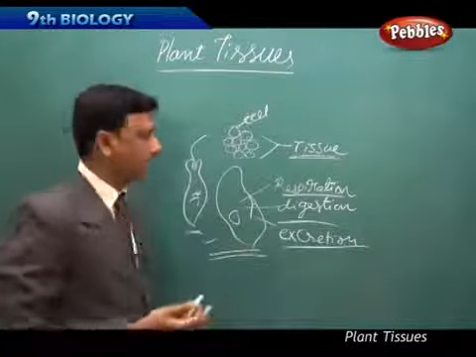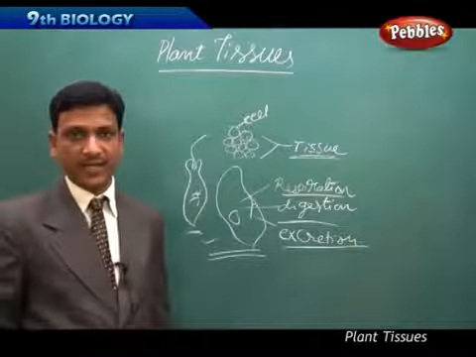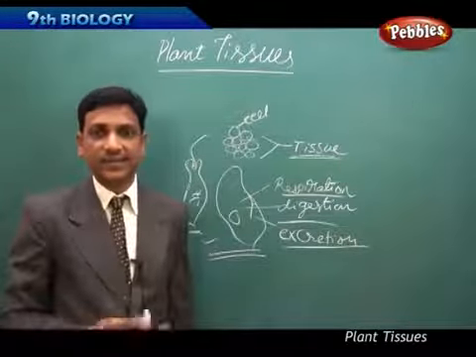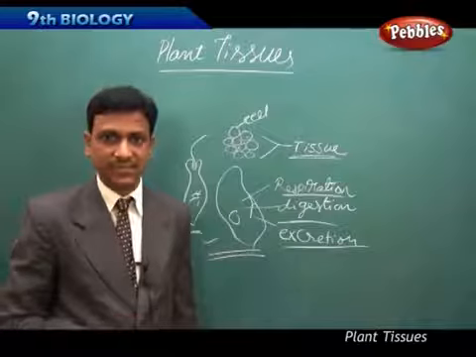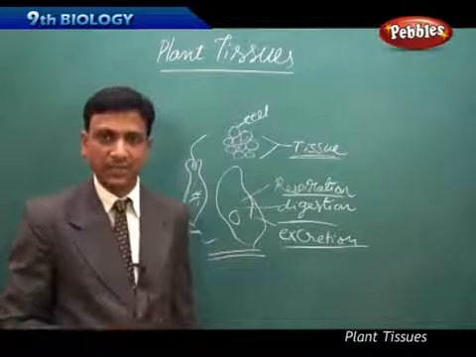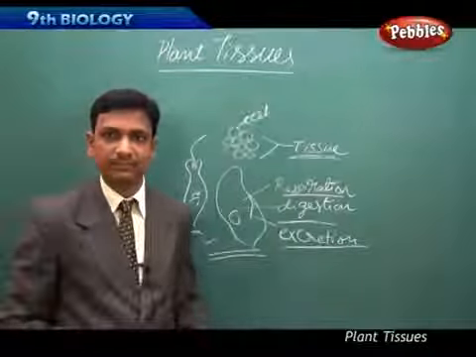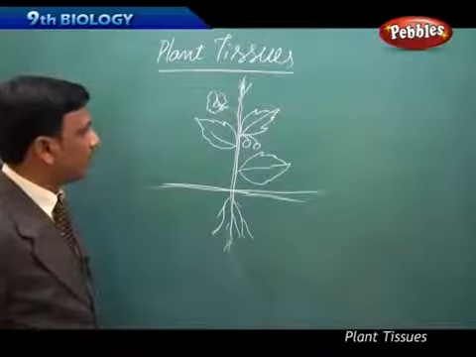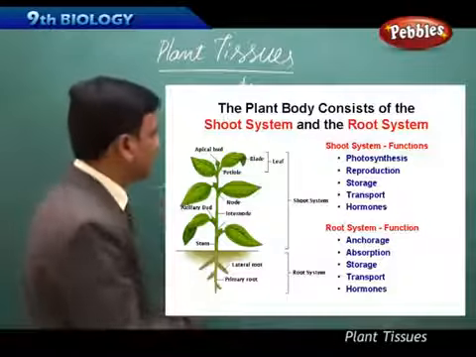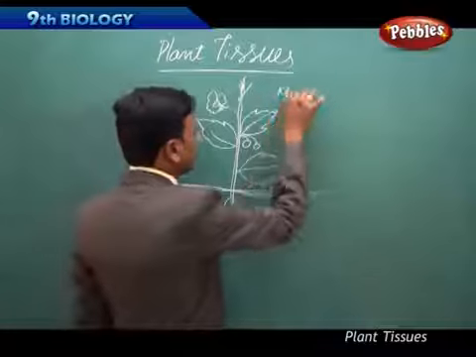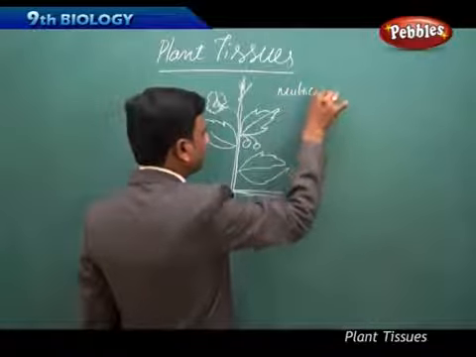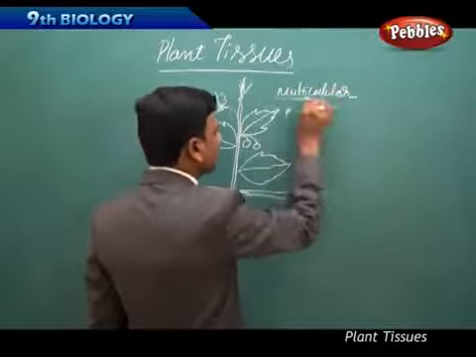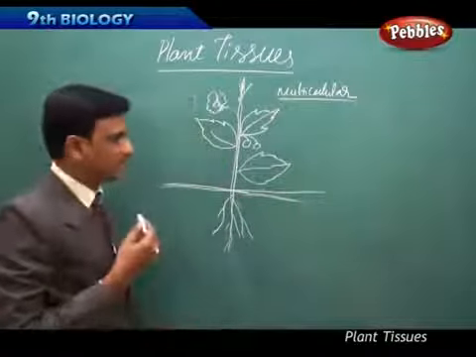Now, take another example like a multicellular organism, say a plant, any hibiscus plant or rose plant. Here we have a multicellular organism. It has so many cells, hundreds and thousands of cells.